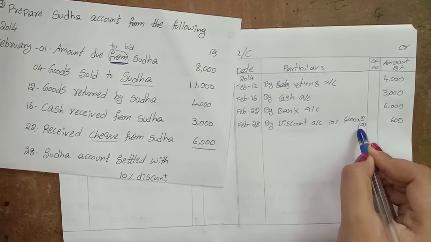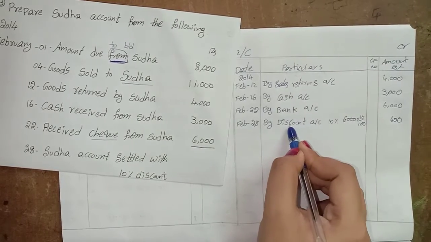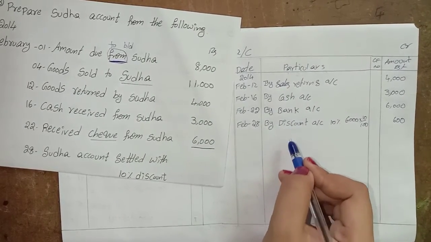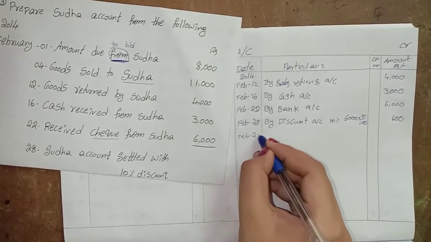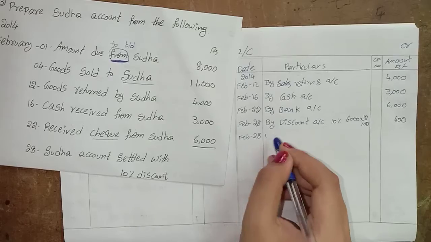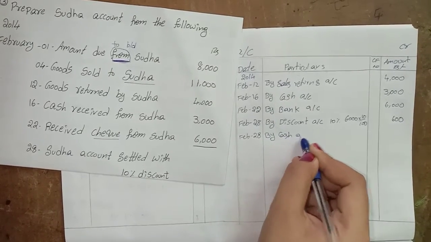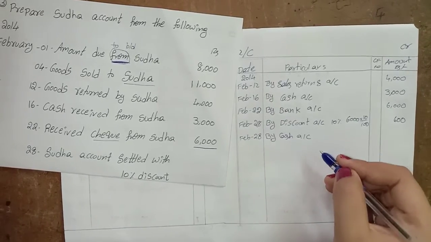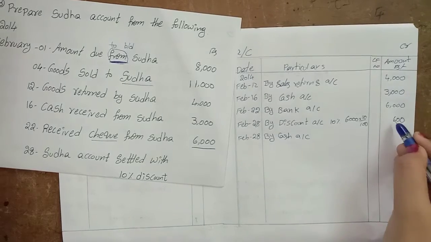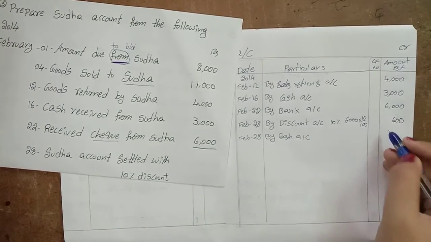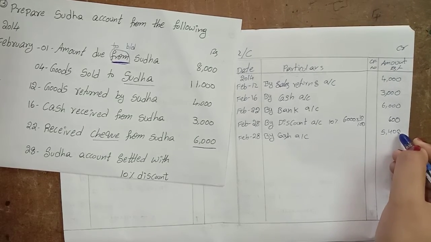The entry is discount account debtor, cash account debtor to Sudha account. So by discount account, by cash account. Sudha is in credit, so we have to credit discount and cash. For 6,000, 600 in discount and the remaining 5,400 in cash.